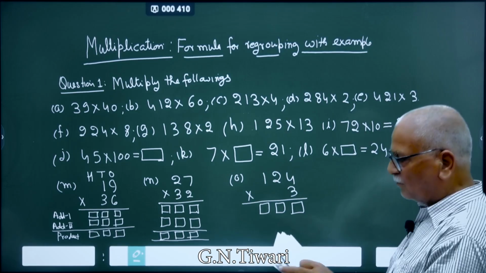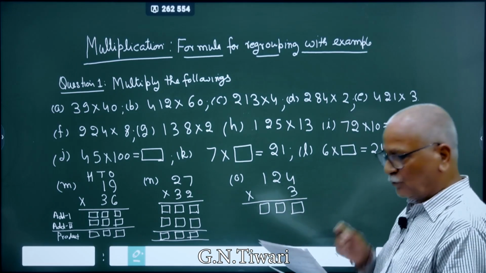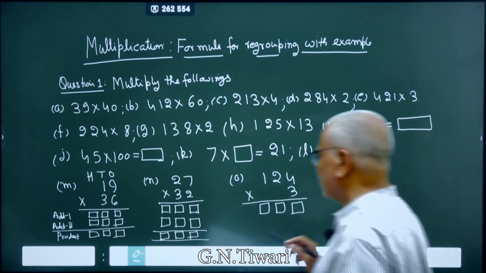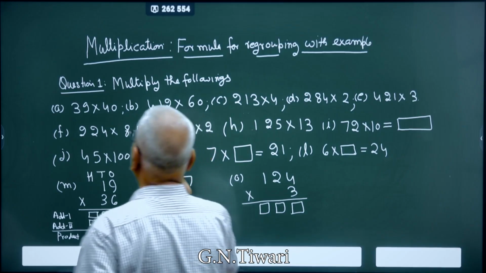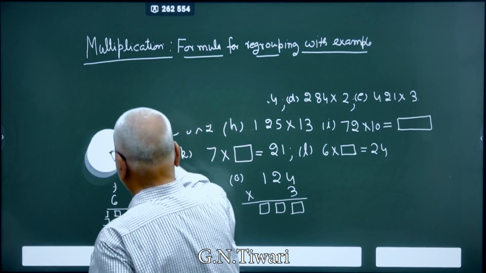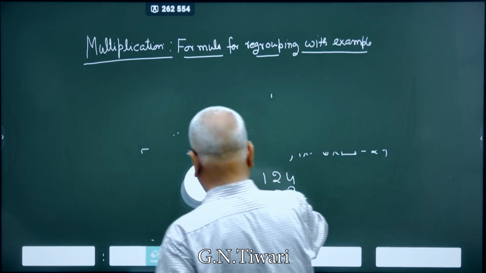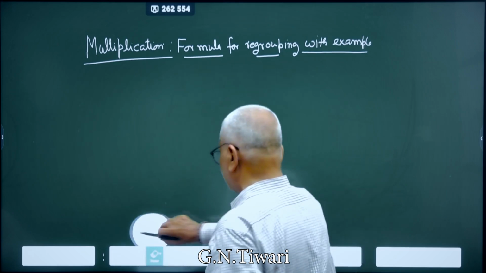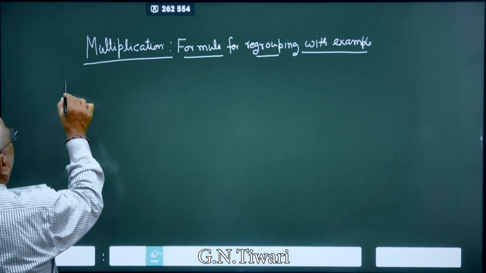But one thing more I want to tell you: define the regrouping method by taking one example. So I will do example 2 here. I hope the students know the formula which I have discussed, so I am not going to repeat it, but I am going to give example 2.